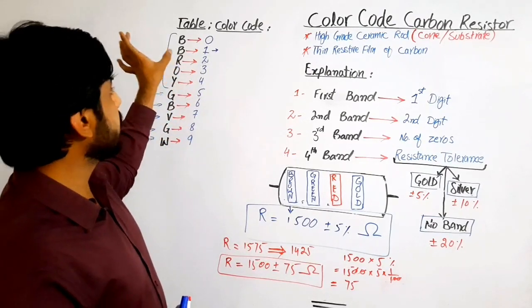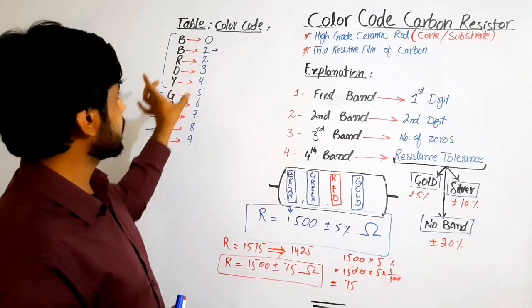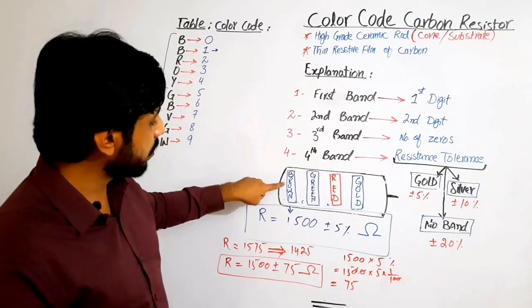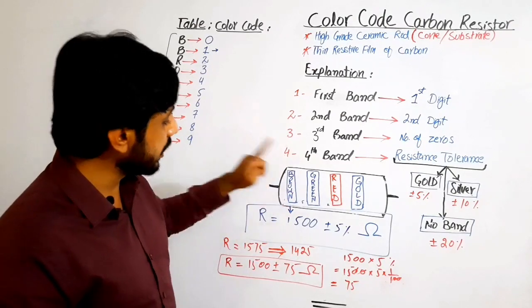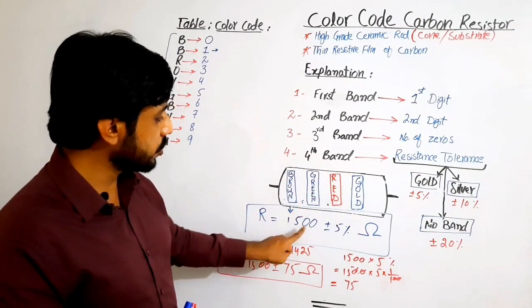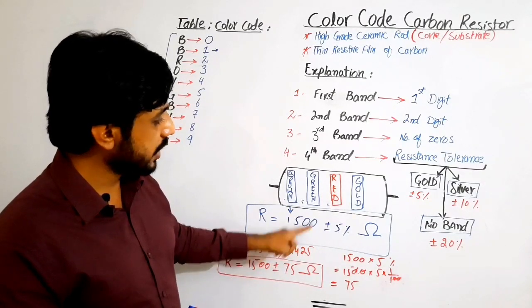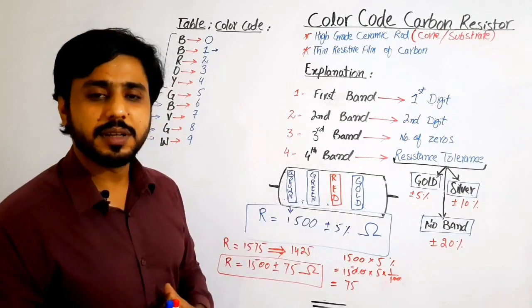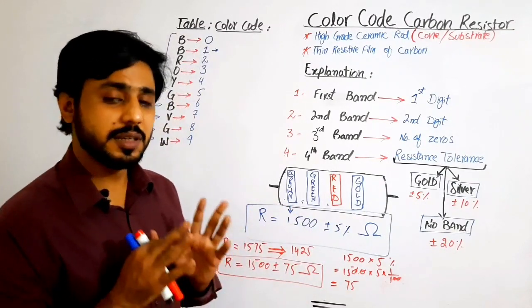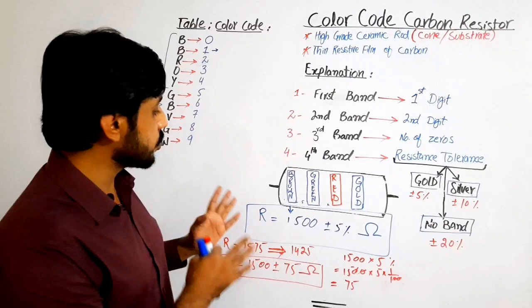They know the value of different colors: brown has 1, green has 5, red has 2 so we put 2 zeros, and gold has 5%. So the answer of both persons is the same. That's why we use color.